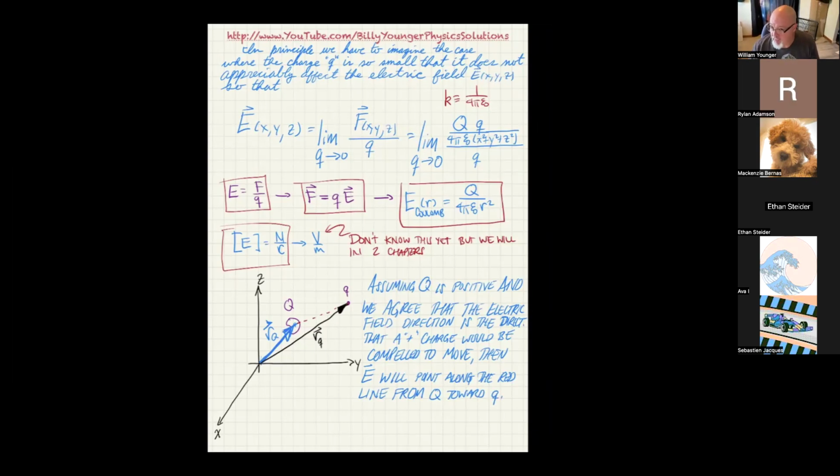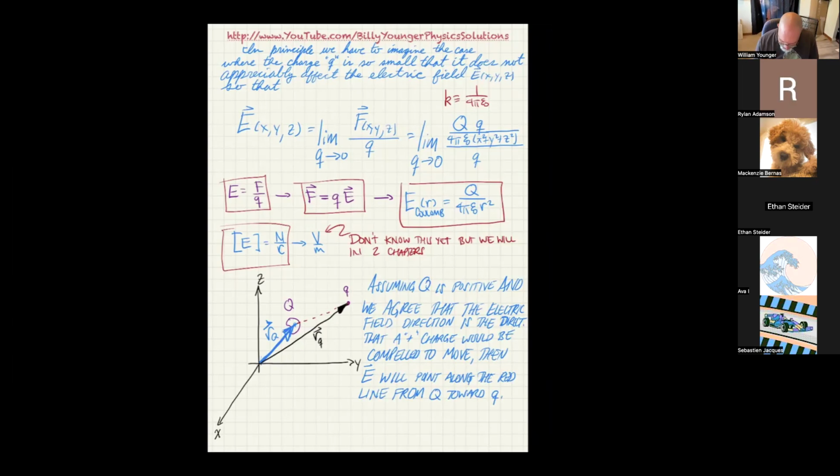We're going with a convention. This is something that all the physicists in the world have agreed to. The convention is that the electric field at any particular point points in the direction that if you stuck a positive charge right there, it would be compelled to move. That direction is the direction of the electric field.